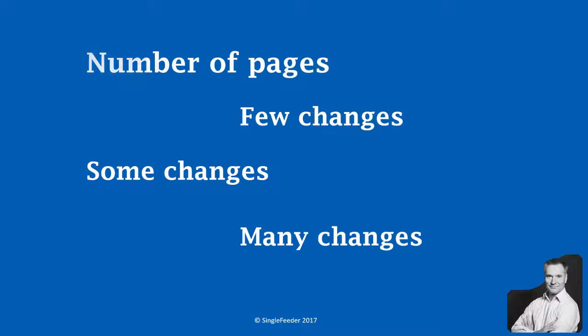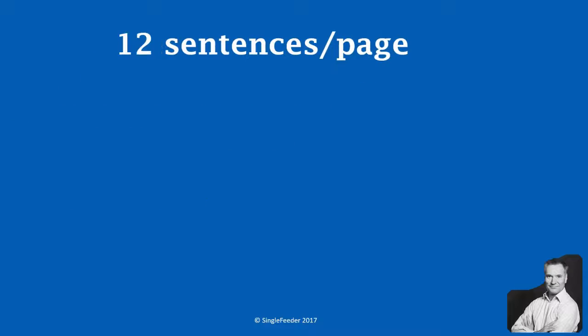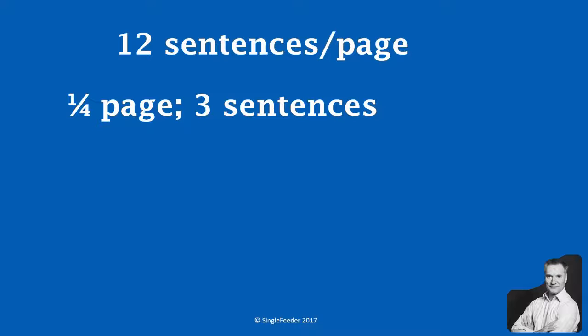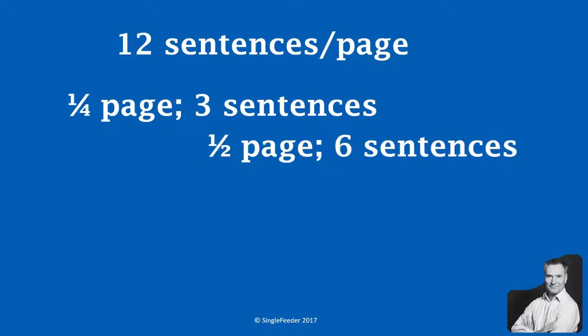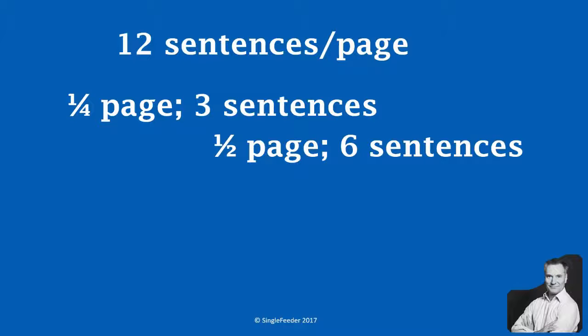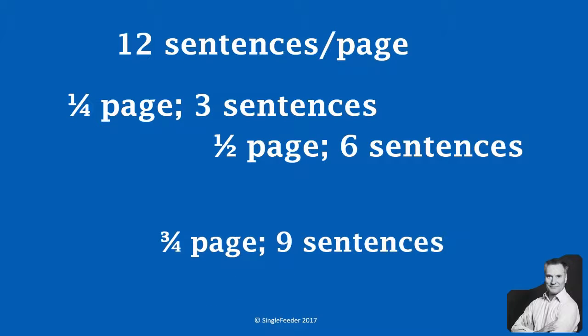Experience has shown us that one page of 1500 characters contains about 12 sentences. Respectively, 1/4 of a page would correspond to editing 3 sentences, half a page would correspond to 6 sentences, and 3/4 of a page would correspond to 9 sentences.